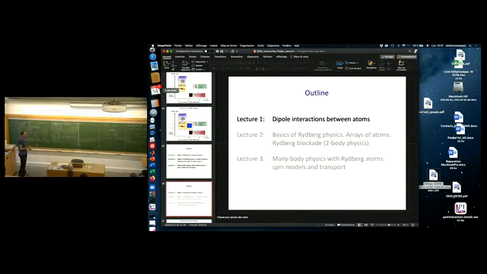Now if I write the Hamiltonian that describes the entire thing, what do I have? I have P1 squared over 2m, the kinetic energy of the first electron, minus e squared over R1, R1 being the distance between this first electron and the first nucleus. The same thing for the second electron. But of course, that's not all, because I also have the electrostatic repulsion between the nuclei, so plus e squared over R, the distance between the two atoms.